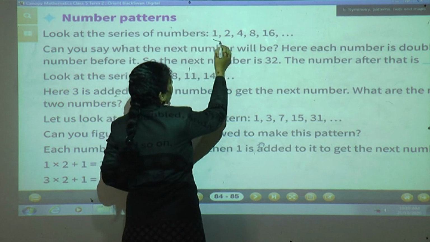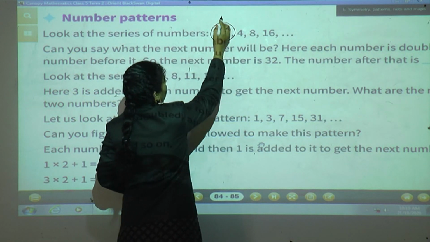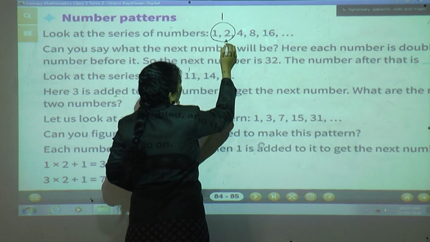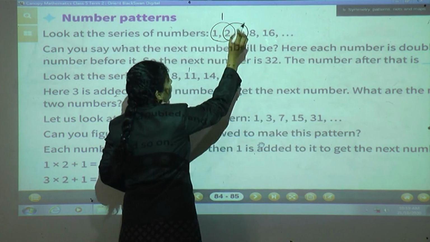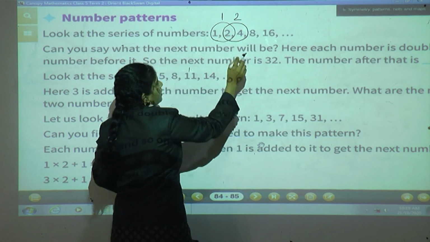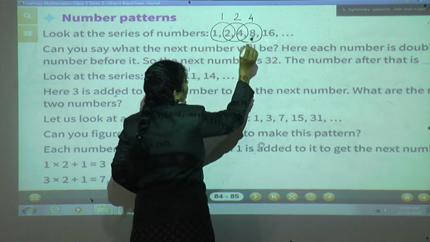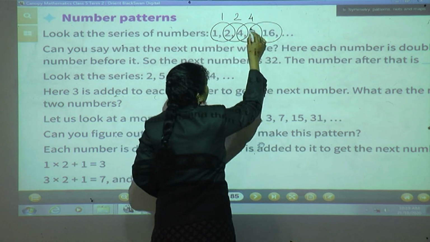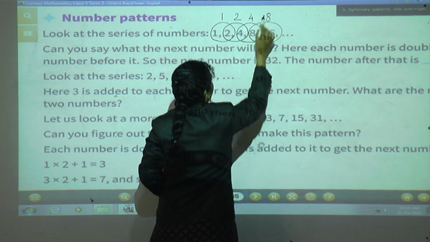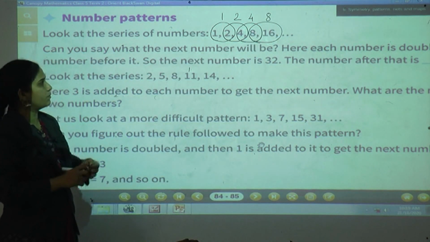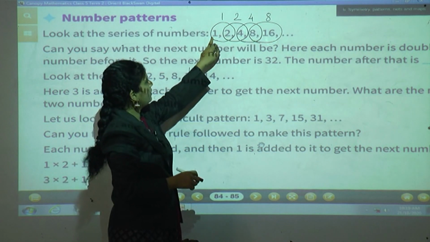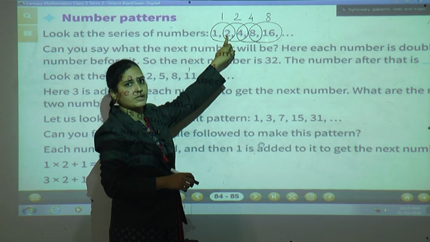See, here the difference between 2 and 1 is 1. Now the difference between 4 and 2 is 2. Here the difference between 8 and 4 is 4. The difference between 16 and 8 is 8. That means if you multiply 1 by 2, you will get the answer 2.